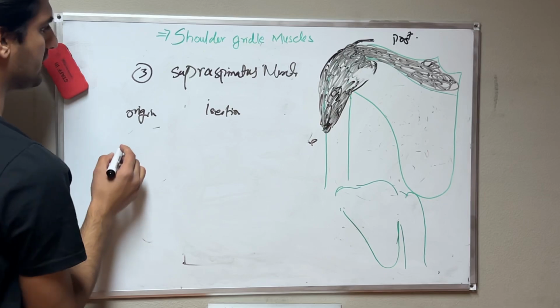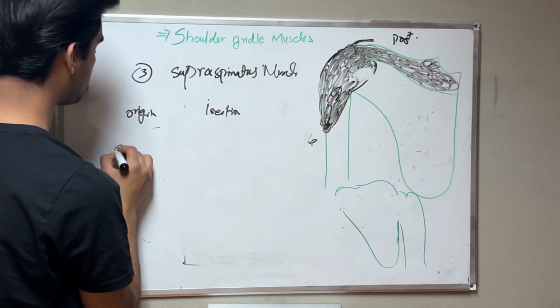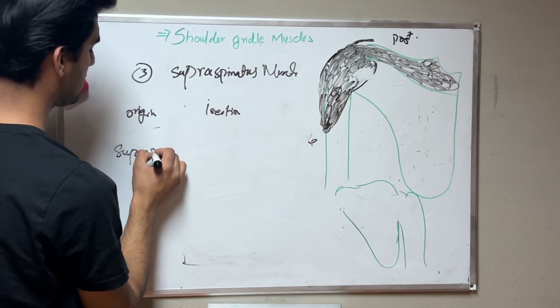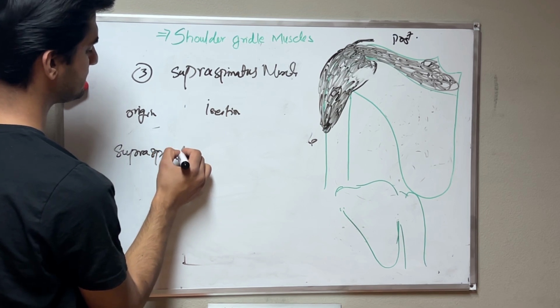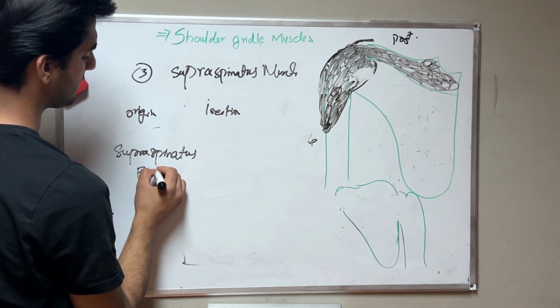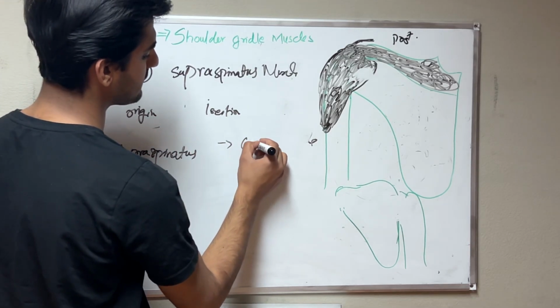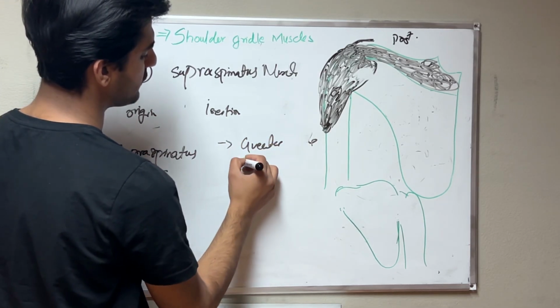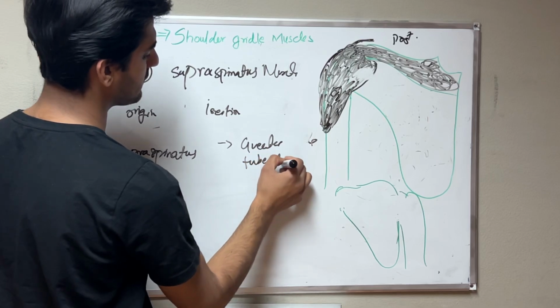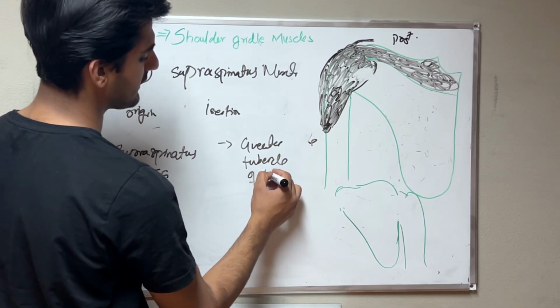Which means origin of the supraspinatus muscle from the supraspinatus fossa, and inserted where? Greater tubercle of the humerus.